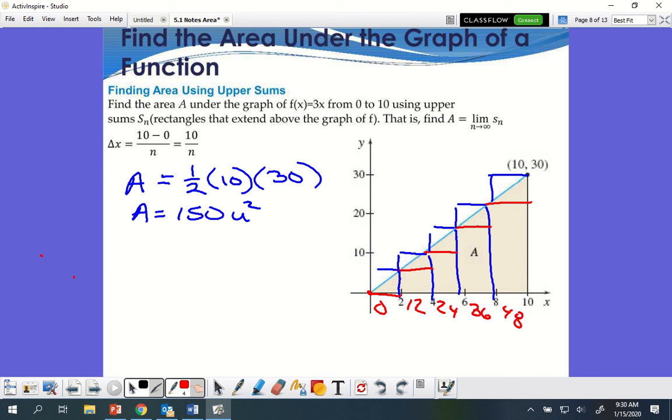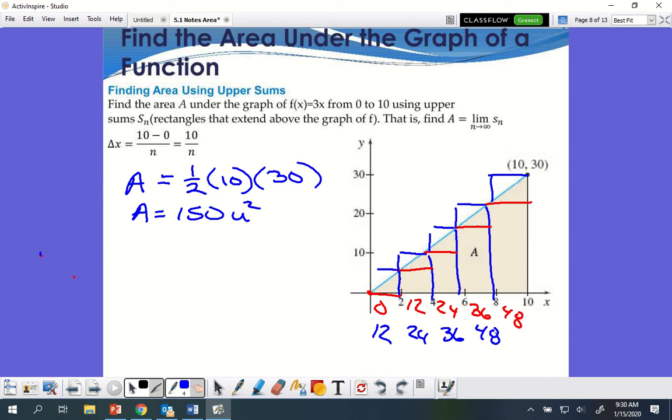We don't actually need a number on it. I'm just using this as examples. All right, so if we go for the blue one, that means that this one right here is going to be 12 because I'm now doing the right hand of this. So the right side, so at this point it's going to be 12. This one's 24. This one's 36. This one's 48.